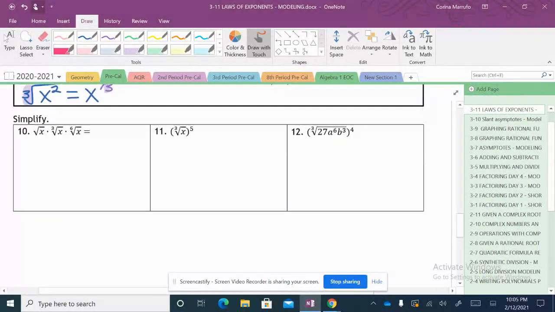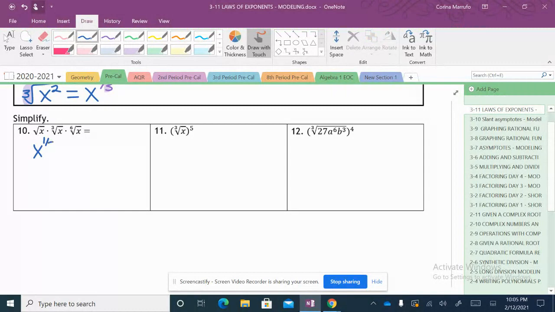So for example here, we have x, and then this is the square root. So I'm going to rewrite that as x to the power of 1/2, times. This one is a cube root, so it's x, because x is to the first power, it's 1/3. And then the next one, since this one is the 6th root, it's going to be x to the power of, our x is to the first power, so it'll be 1/6.